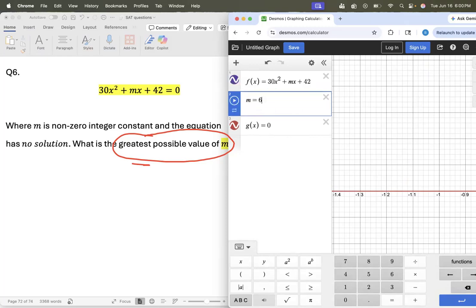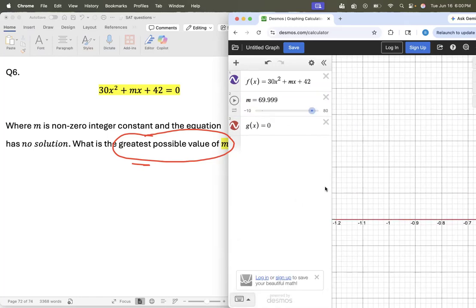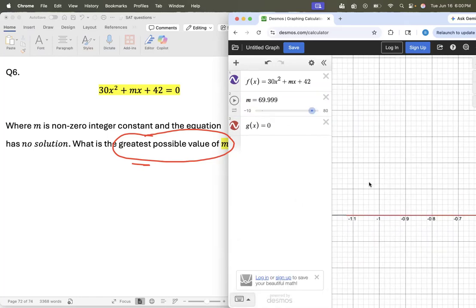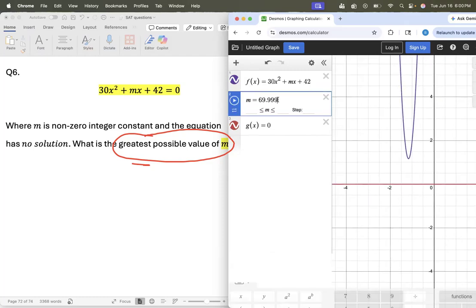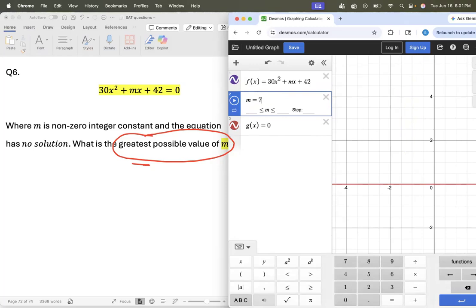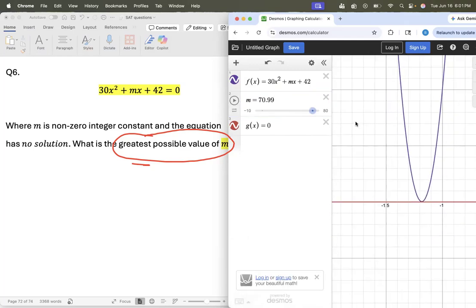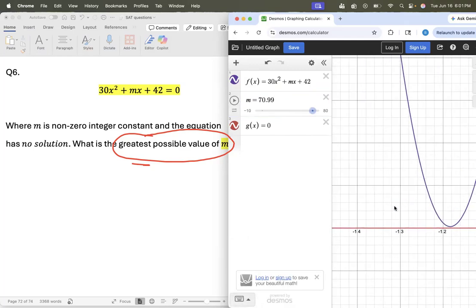How about 70.9? Maybe 70.99. 79 is getting closer. 799, almost there.